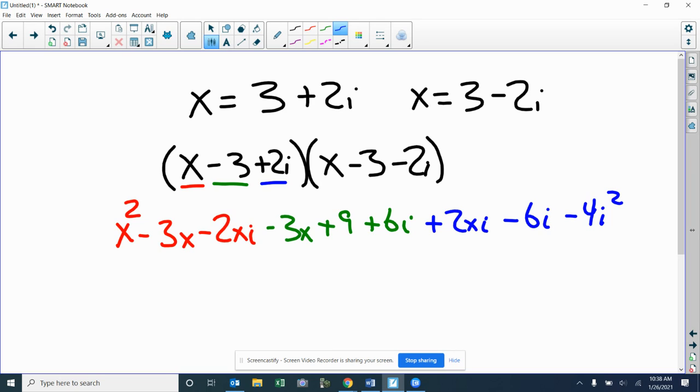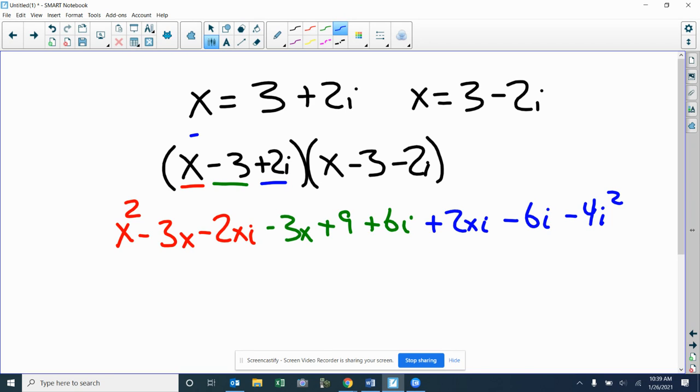There's my 9 terms. Now, of course, some of that stuff's gonna cancel, so I'm gonna look at the i's first. So I have negative 2xi, positive 2xi.